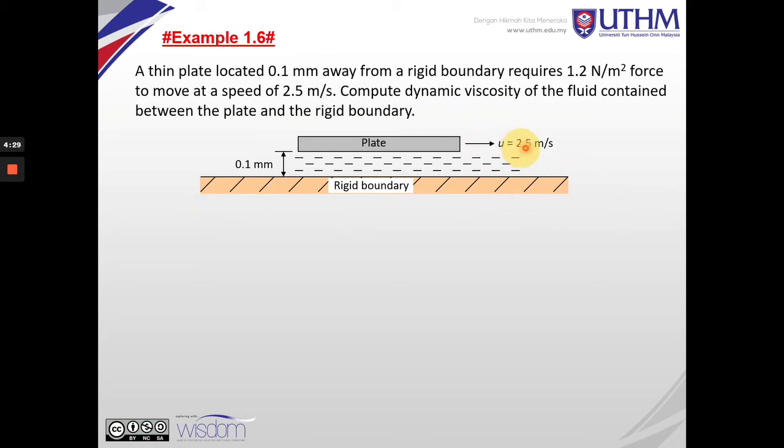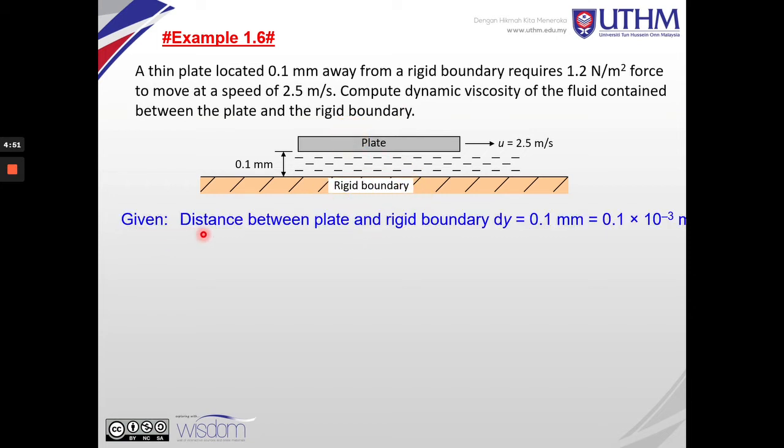The u is the velocity of 2.5, the speed of movement. And this is the plate located away from the rigid boundary, the distance between the plate and the rigid boundary.